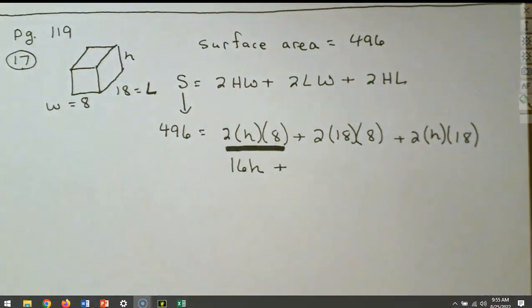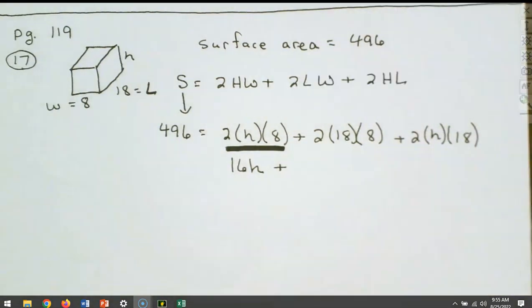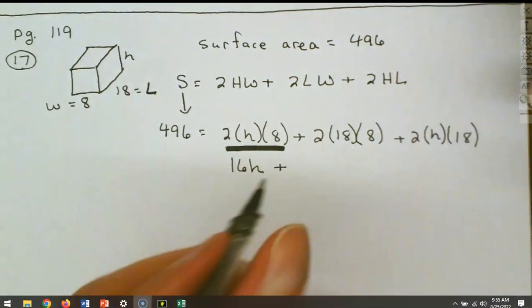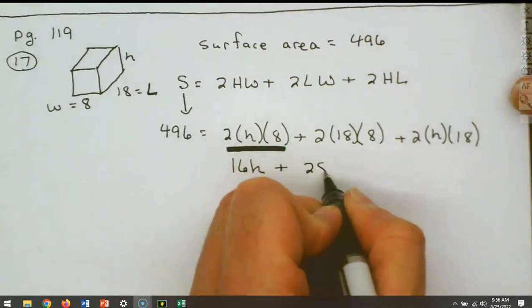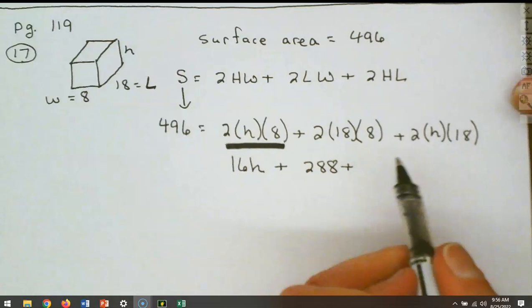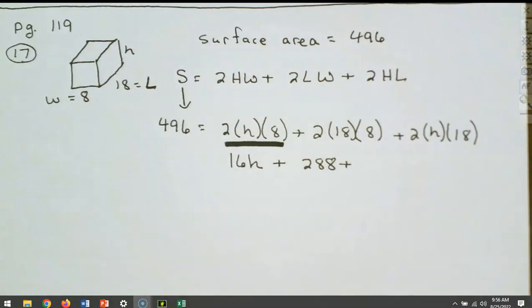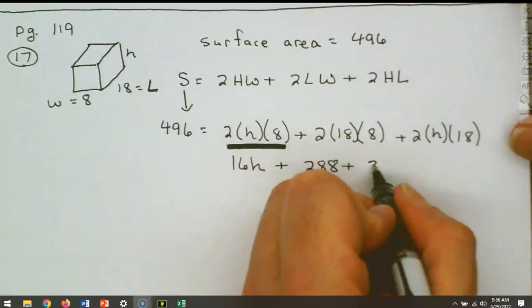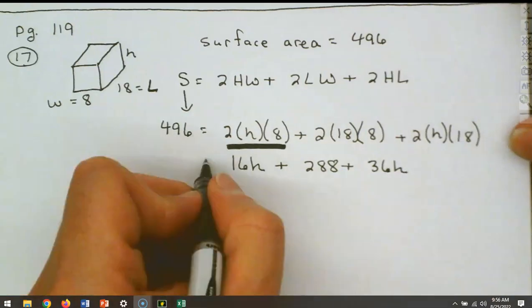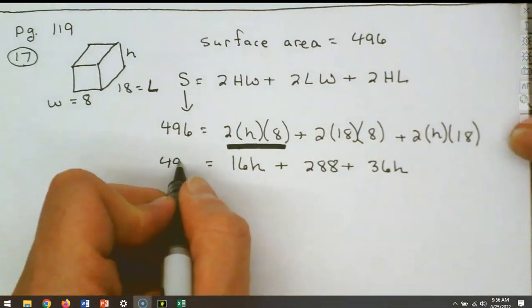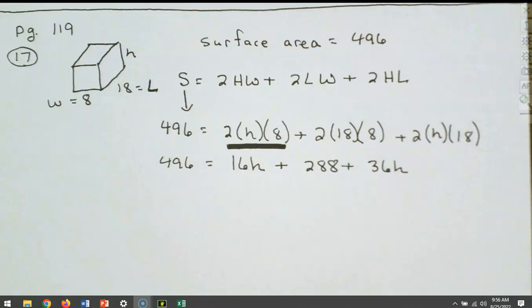And then for the next piece, what do we have? We have 2 times the 18 times the 8, and that's 288. And then we've got 2 times 18 over here. And that's going to be 36H, and that equals your 496. Right? Now we have something that we can work with.